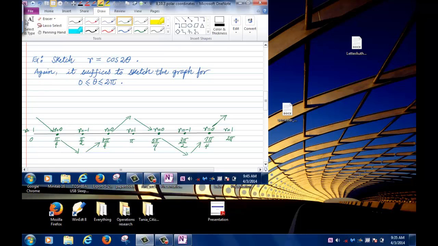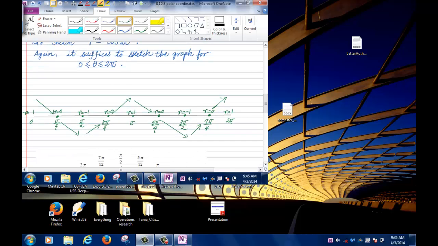So if I want to sketch r is cosine 2 theta, right? Now, in this case, again, it suffices to draw the curve for theta between 0 and 2 pi, because cosine is periodic with period 2 pi, right?